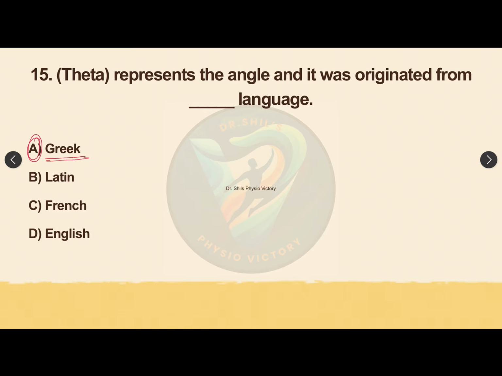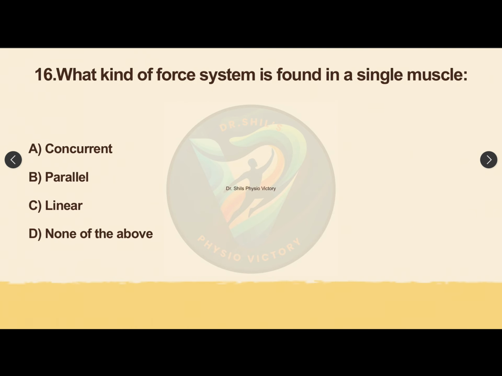Next question, question number 16. What kind of force system is found in a single muscle? Option A concurrent force, option B parallel force, option C linear force, and option D none of the above. Here the correct answer is option C, linear force.